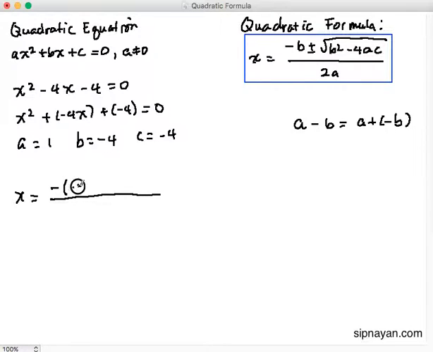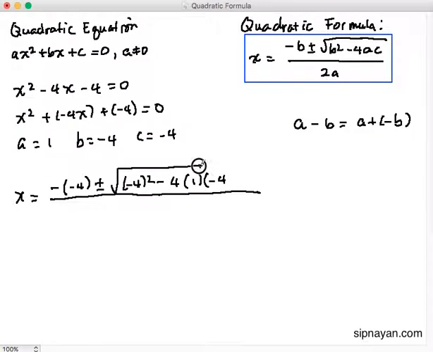So, negative of negative 4 plus minus square root of b squared, so negative 4 squared minus 4a, which is 1, and then c, which is also negative 4. So, okay na tayo sa numerator. And then sa denominator, we have 2a, which is 2 times 1.